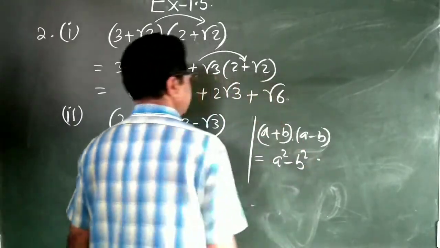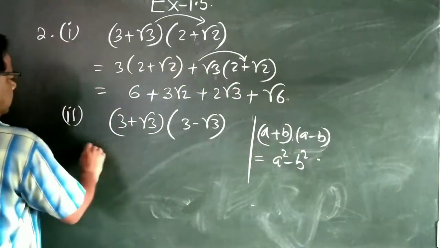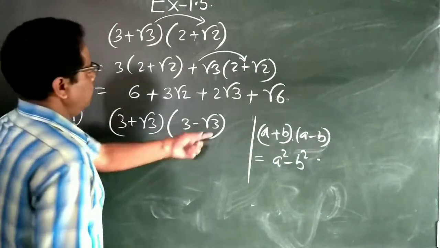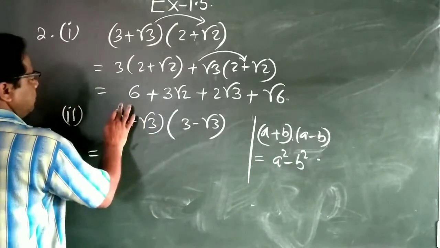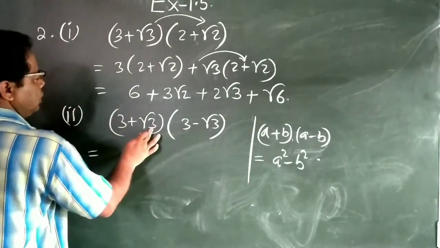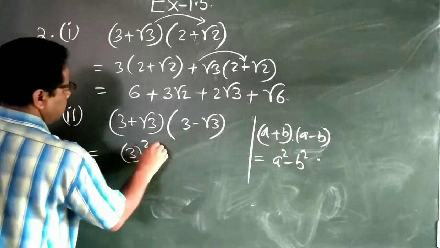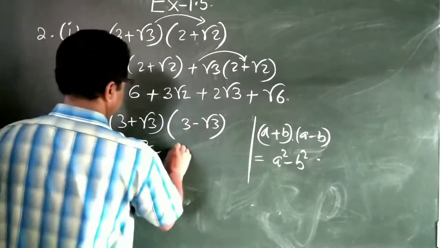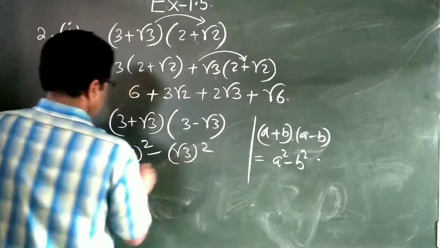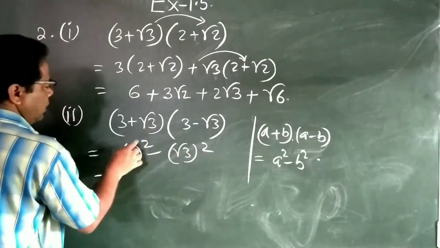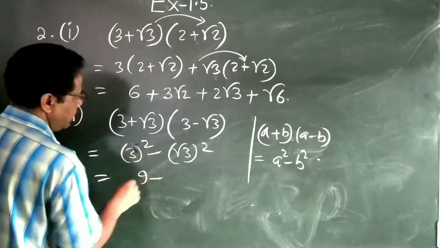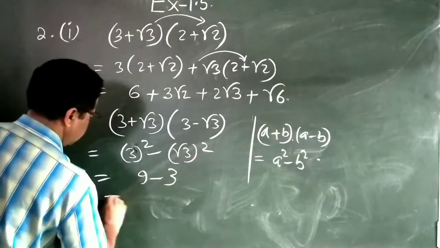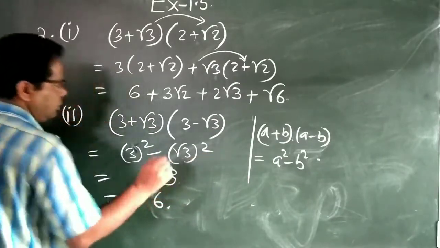This is the formula to be applied here. We can suppose 3 as the a term and root 3 as the b term. Then 3 squared minus root 3 whole square. 3 square is 3 threes are 9, minus root 3 whole square is 3, so 9 minus 3 is 6.